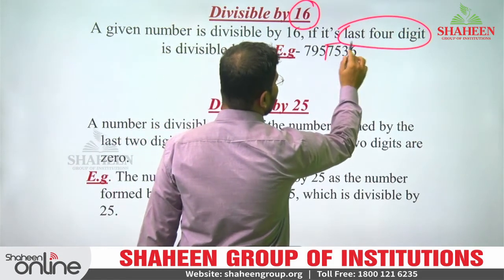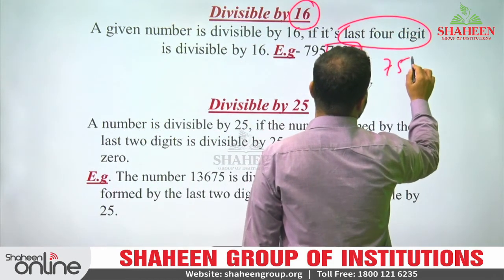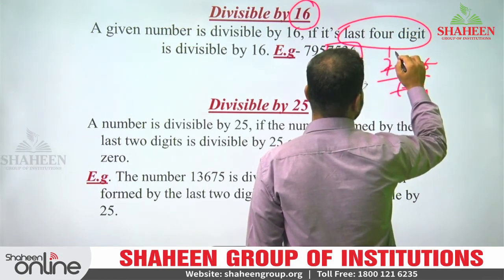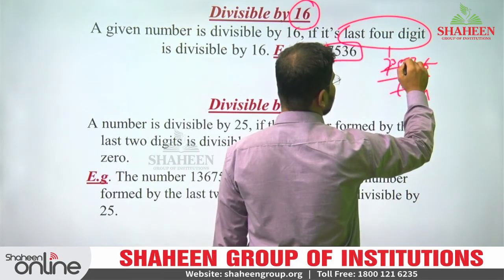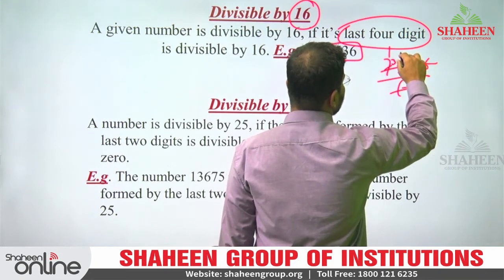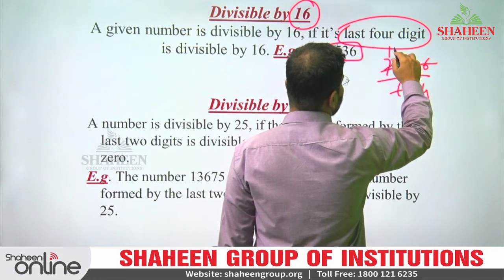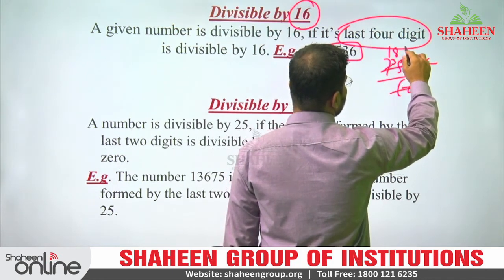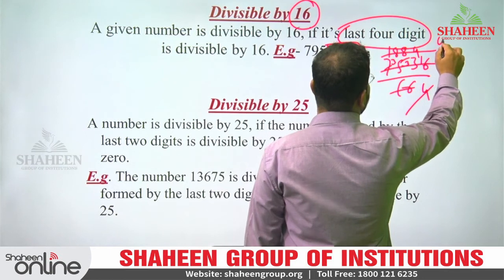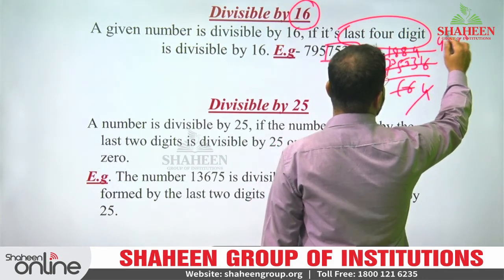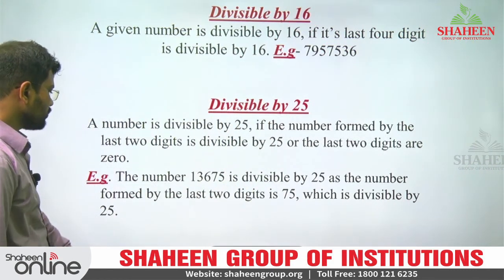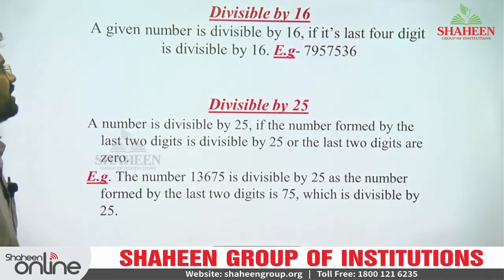If you see here, 7536, 4 into 4, yes. So the given number is divisible by 16.